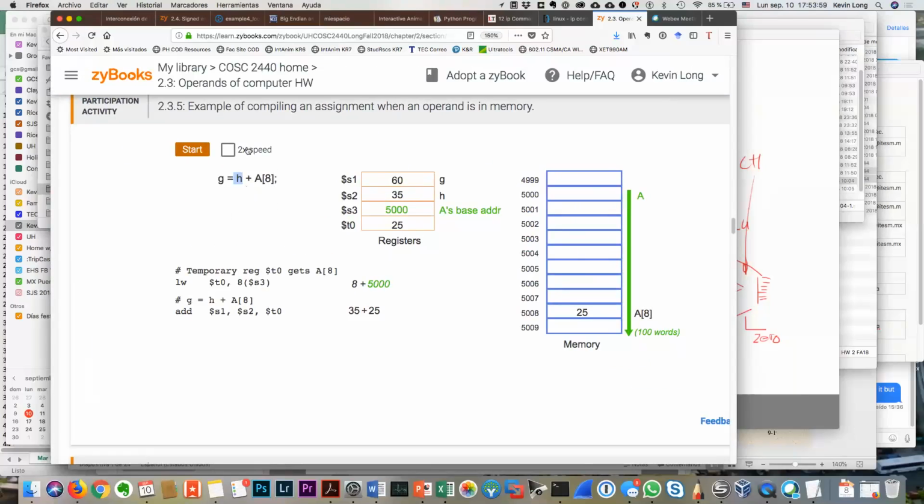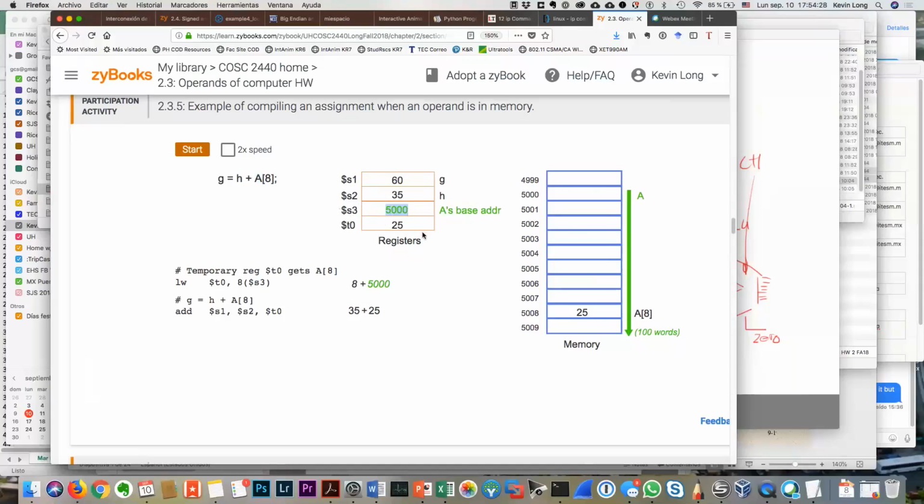The way you're going to deal with arrays in assembler is not unlike the way you handle them in C. You need a base address where the array starts, and then an offset for however many elements into the array you're interested in pulling. So what we are told is that the starting address in memory for array A is stored currently in register S3, and that value is 5,000.